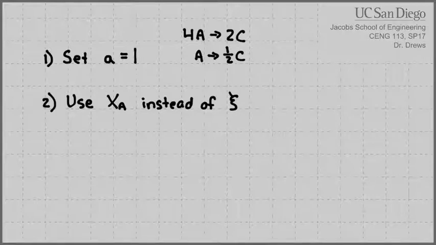So the conversion x sub A has a nice physical interpretation because it always varies between 0 and 1, or 0 and 100%. And bigger is better, right? If I convert 100% of my reactant, I probably did a pretty good job. Otherwise, I wouldn't have been doing the reaction. So just for convenience, we're going to use x sub A instead of squiggle.